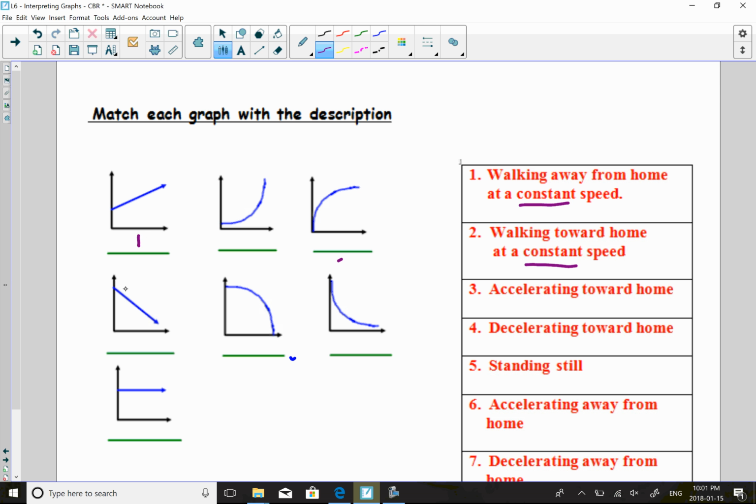Toward home would be where your distance from home is 0. So that's got to be toward home. Check that one off and that one. Accelerating means increasing your speed.